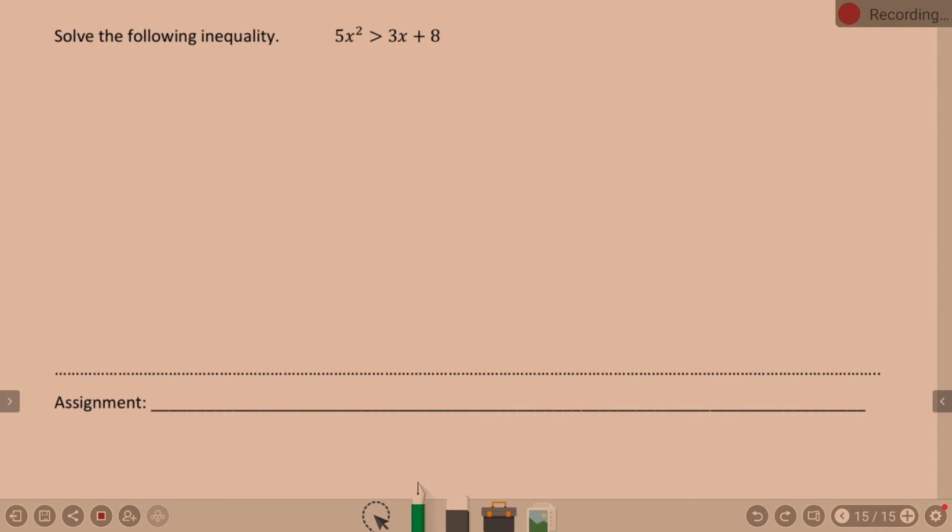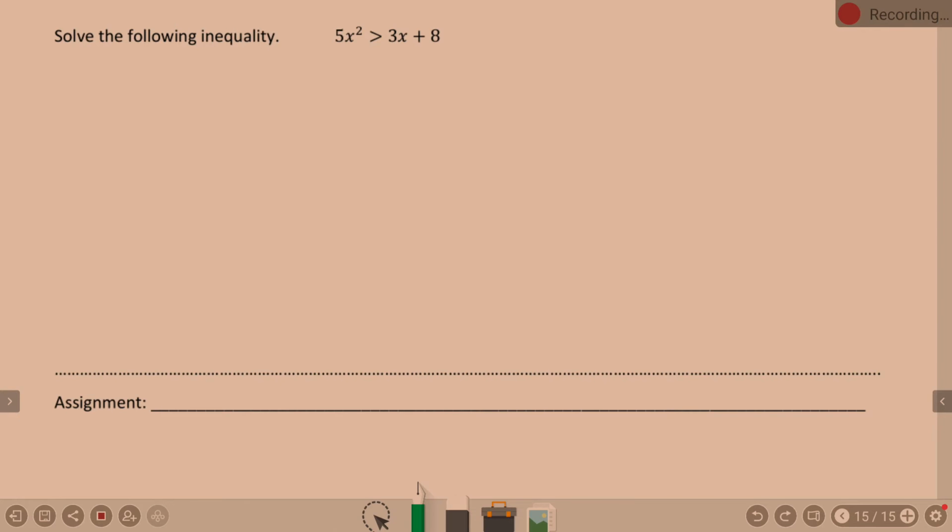In order to be able to factor, what do I need to start off doing? Make my equation equal to 0. So, in this case, I like my positives. I like my positive x squared.